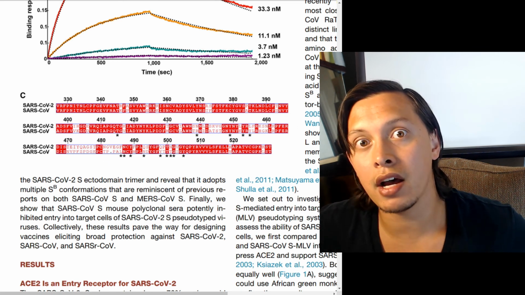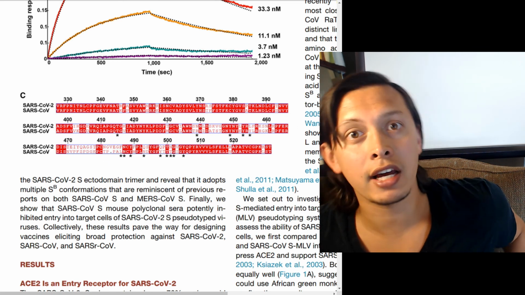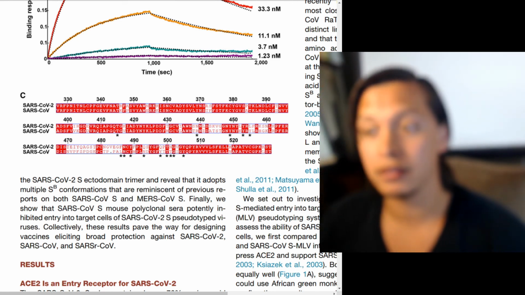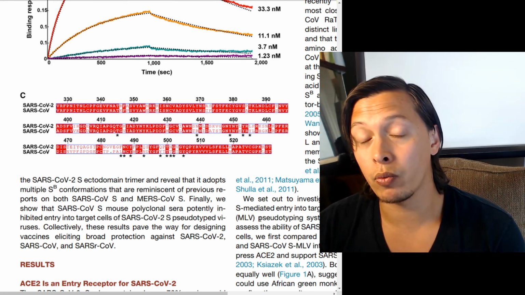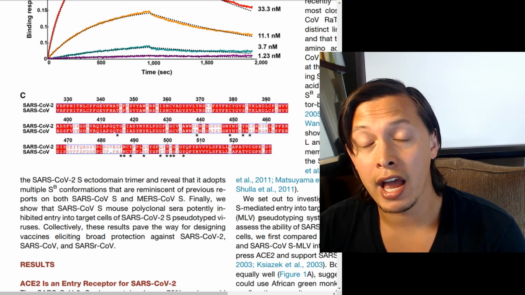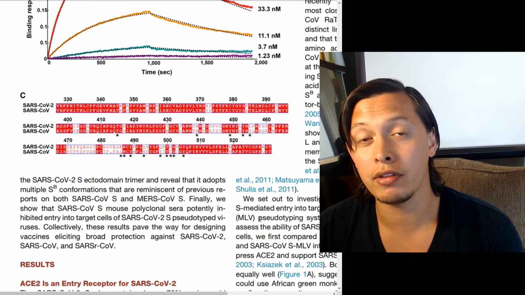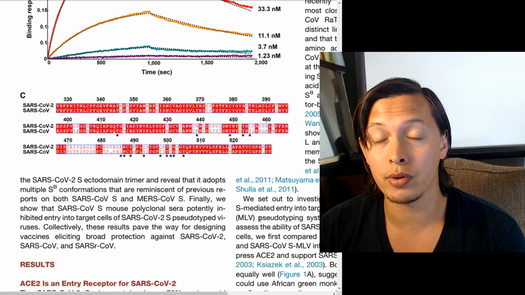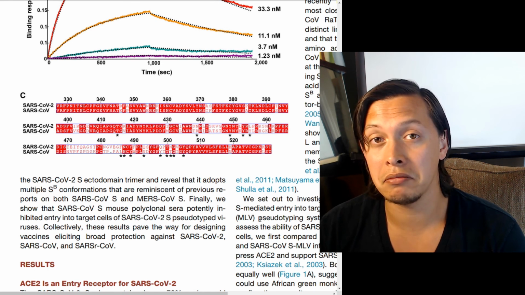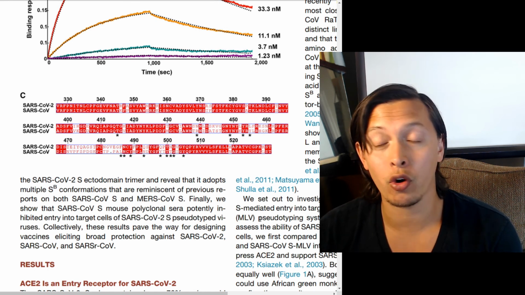This tells us that a lot of the amino acids that were considered non-important in the original SARS coronavirus have changed. They are now different. And so those differences could mean making it worse or making it better.